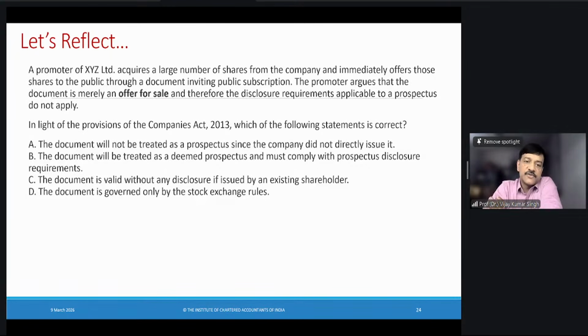In light of the provisions of the Companies Act, which of the following statements is correct? Whether you treat the document as not a prospectus since the company did not directly issue it, or the document will be treated as a deemed prospectus and must comply with prospectus disclosure, or the document is valid without any disclosure, or the document is governed only by the stock exchange rules. What is your answer?